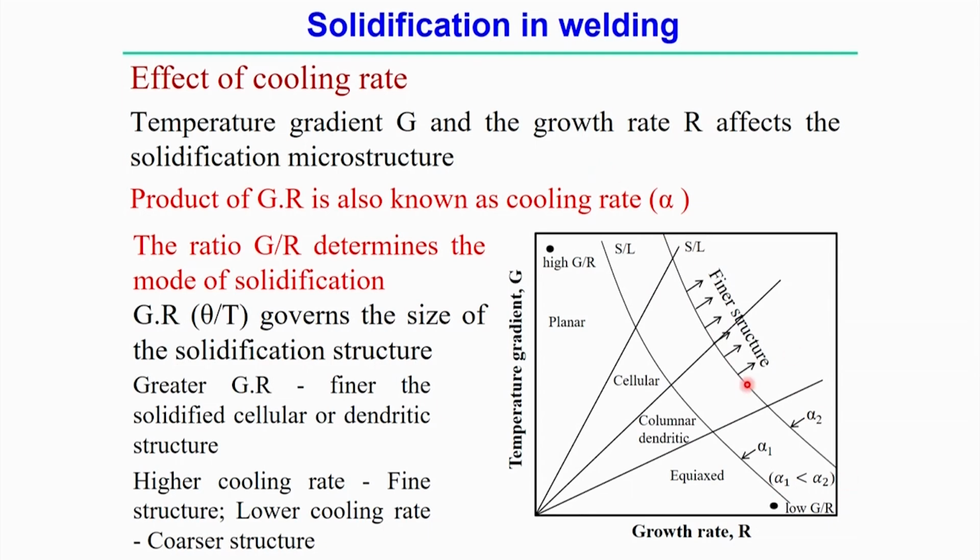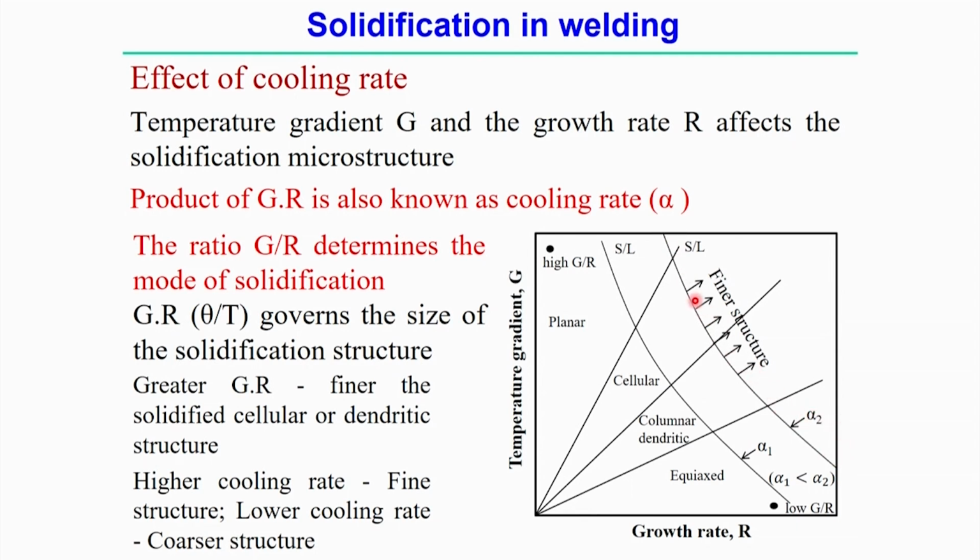But if you see the graph, now we try to incorporate the effect of the cooling rate also. Here this line represents the cooling rate, G R. The first line, alpha 1, represents the low cooling rate, and the second line, alpha 2, represents the high cooling rate on this graph.